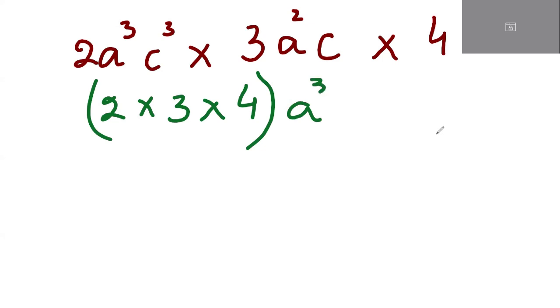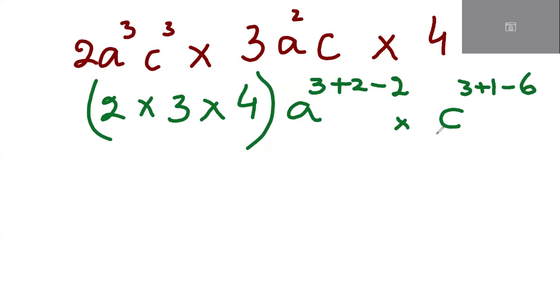A to the power 3 plus 2 minus 2. Whenever bases are same, you have to add the powers. So I have added all the powers of a, 3 plus 2 and minus 2, multiply by c. Now I'm going to add all the powers of c: 3 plus 1 minus 6.